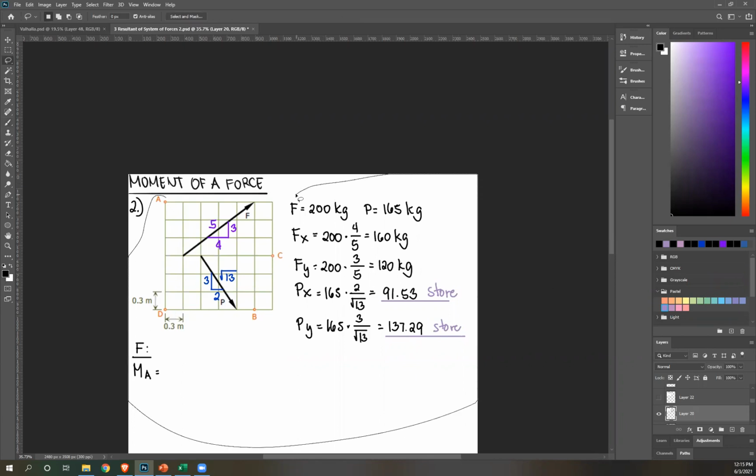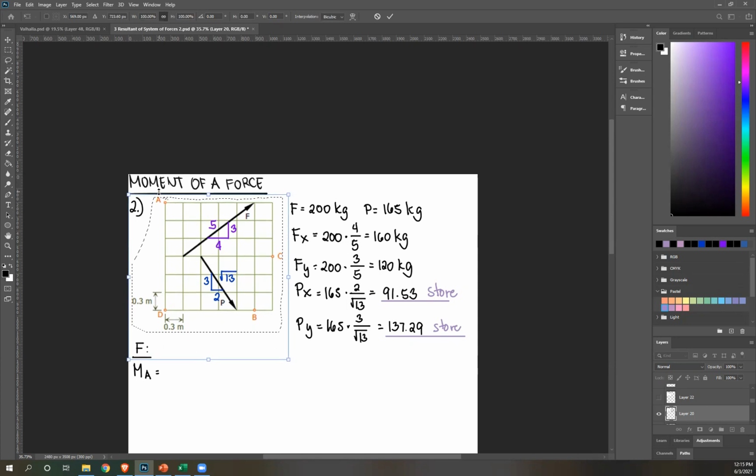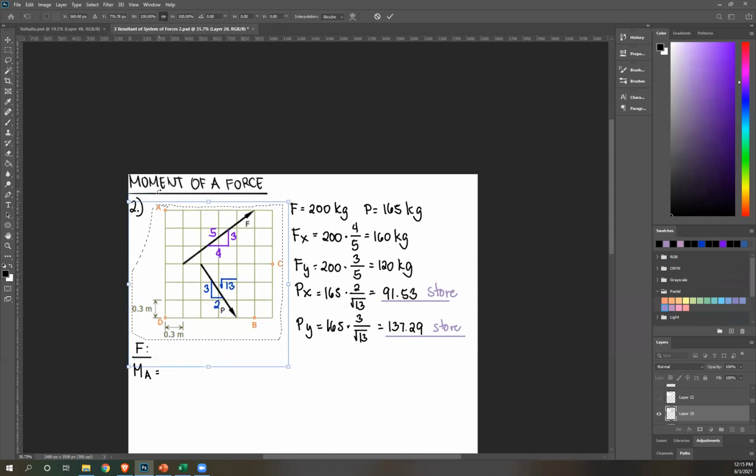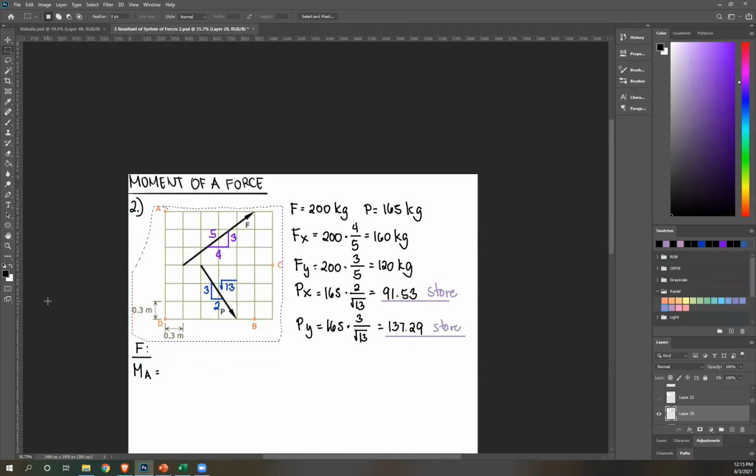Let me just move it so that I have space. Once again, I'm going to place my x and y components at this point.